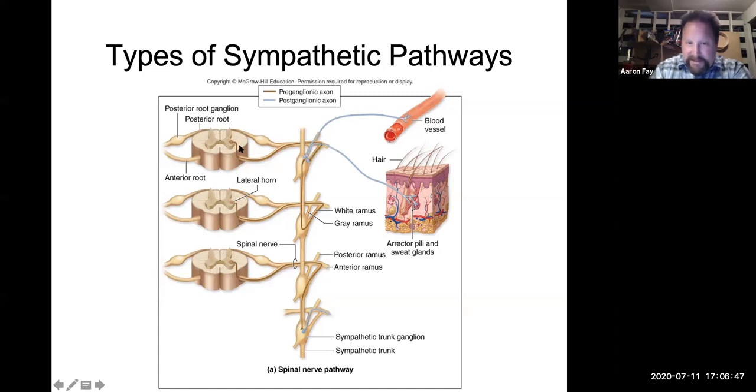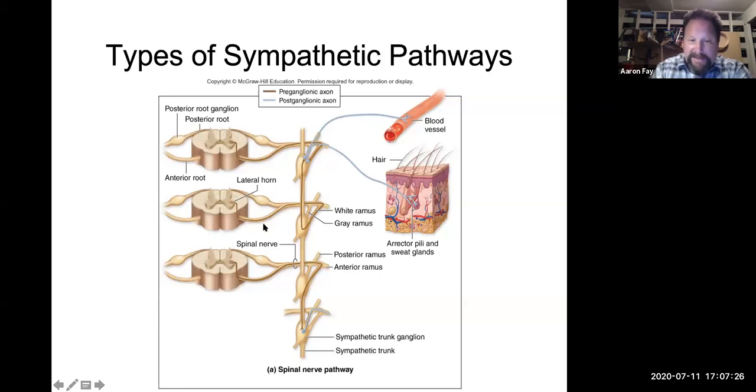Now, in this first example, your preganglionic axon is going to synapse with a ganglionic neuron at the same level of the spinal nerve. This sympathetic trunk ganglion is at the same level as this spinal nerve. You have a synapse at this level, and then the postganglionic axon leaves by the spinal nerve at the same level. So, axon 1 goes to the sympathetic trunk, axon 2 leaves at the same level.